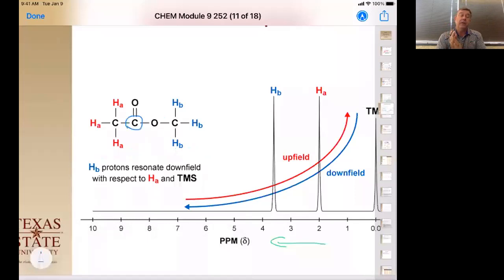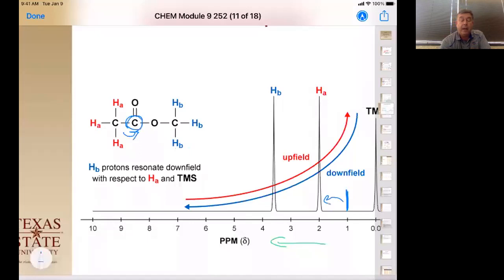That different hybridization is going to pull some electron density away through inductive effect, shifting your protons away from 0 slightly. If it was just a straight chain hydrocarbon, it'd be right around 1. Because of this carbonyl, it's pulling electron density away inductively, and it shifted downfield, further away from 0.